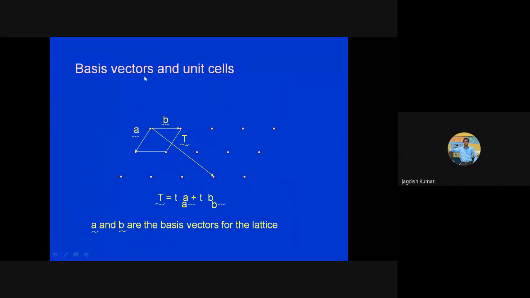Why basis vectors? Because when these vectors repeat in the whole two-dimensional space, they are capable of producing the whole two-dimensional array of points. That is why they are called the basis vectors.